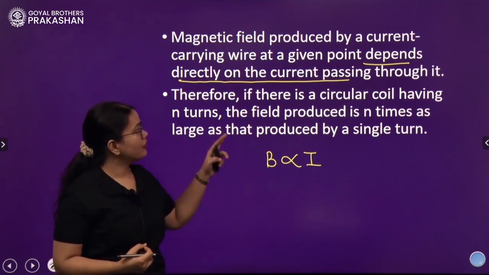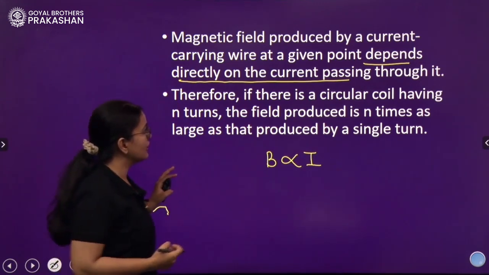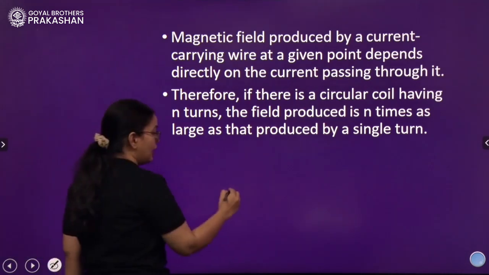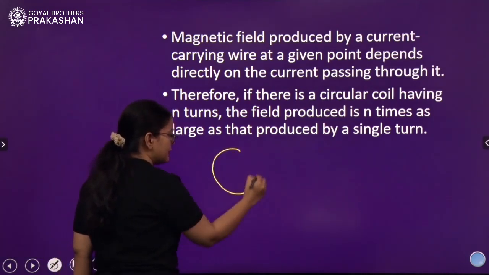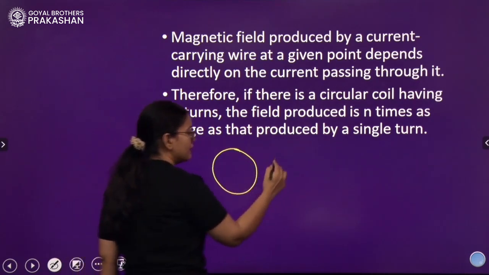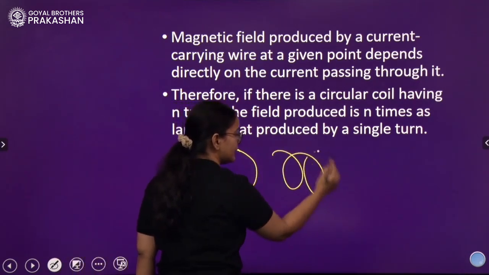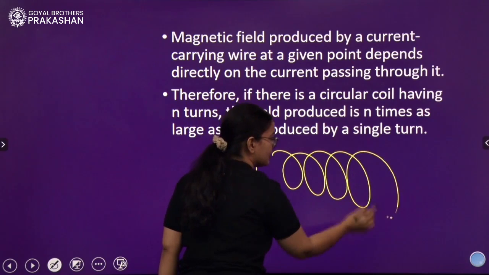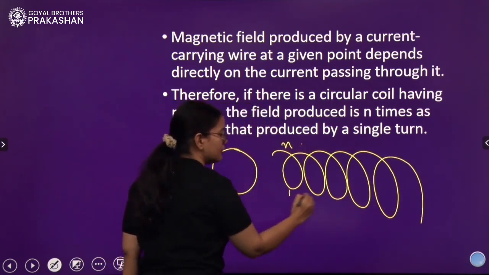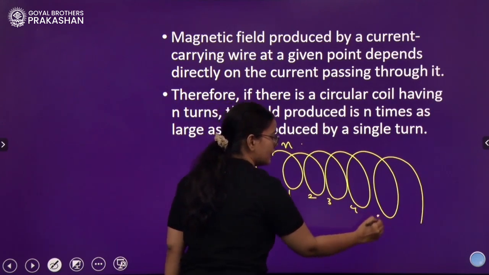Next, therefore, if there is a circular coil having n number of turns, see in our present case, we just had one turn, right? Now, suppose I have a lot of turns. This is like a spiral and I have n turns, 1, 2, 3, 4, 5, 6, and so on.